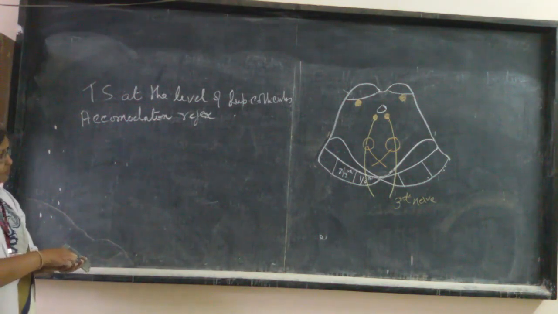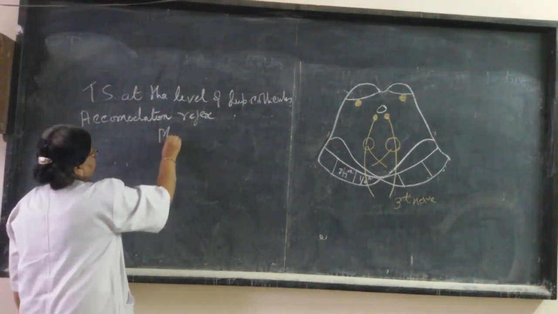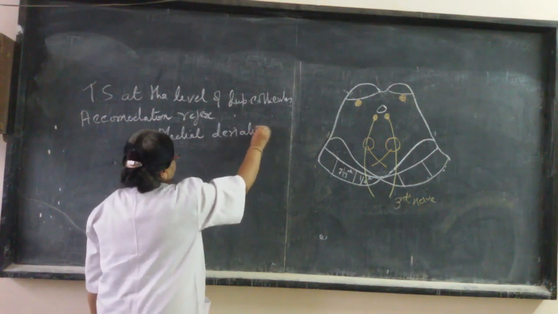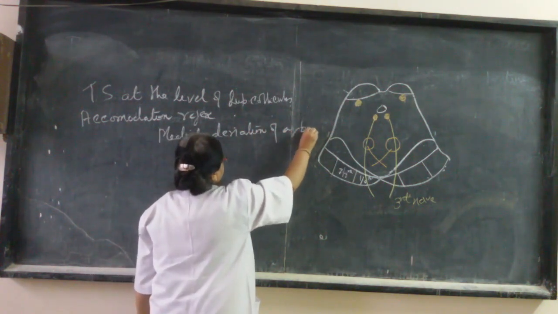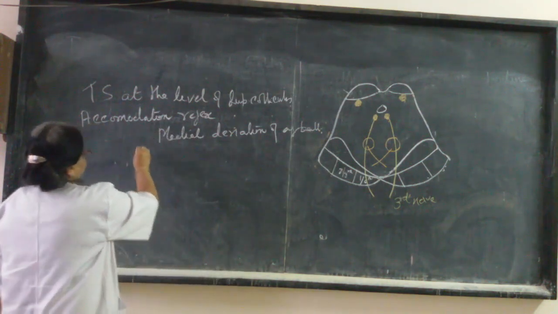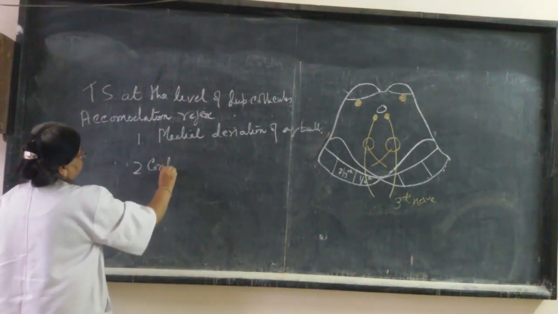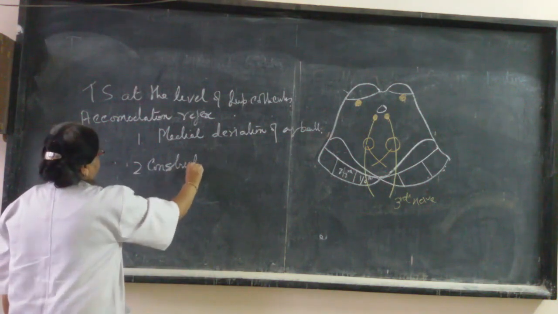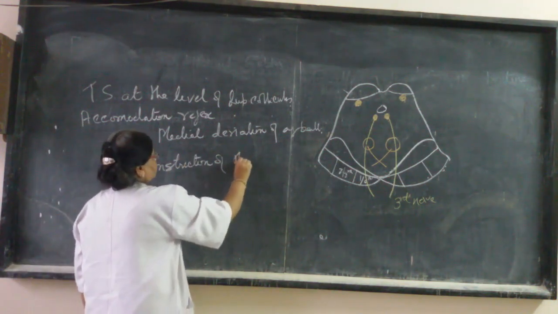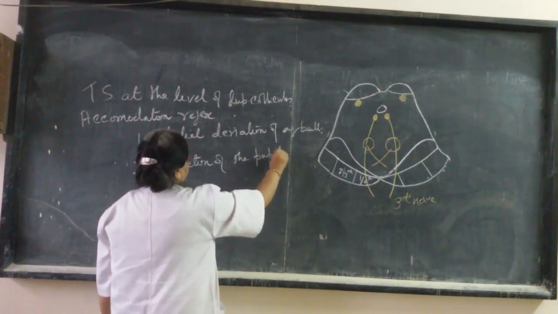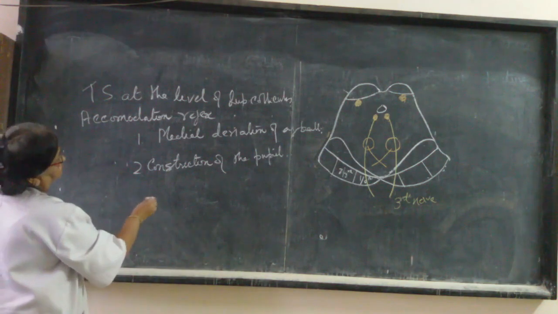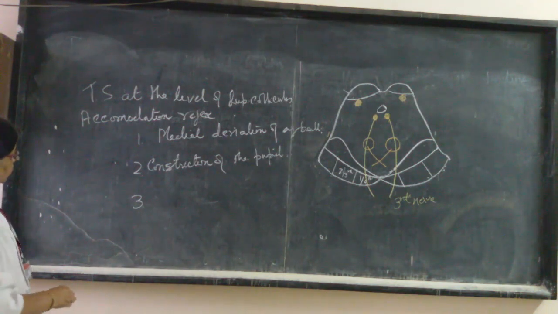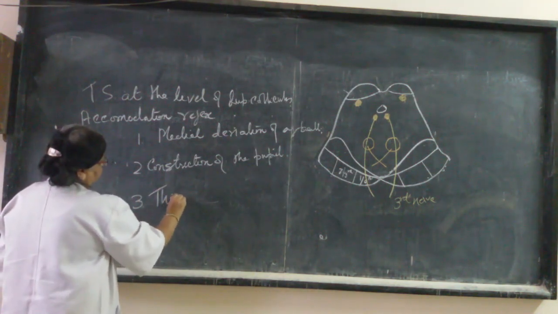The changes which take place are medial deviation of the eyeball, constriction of the pupil, and change in refractive index of the lens, the thickening of the lens.